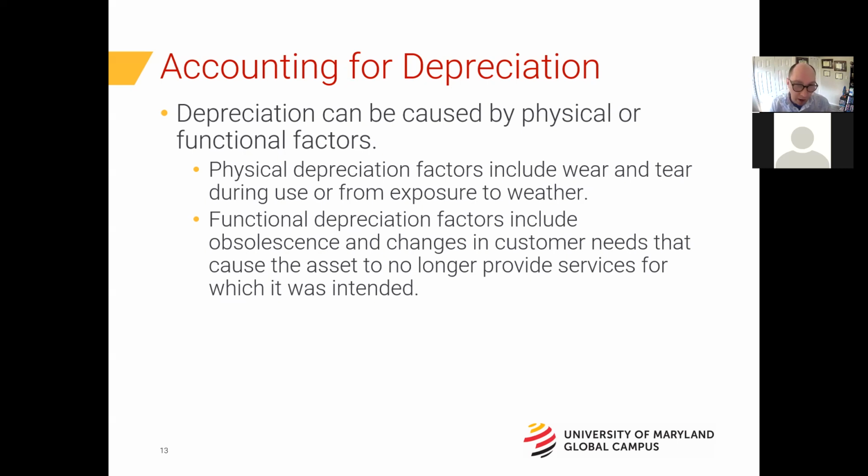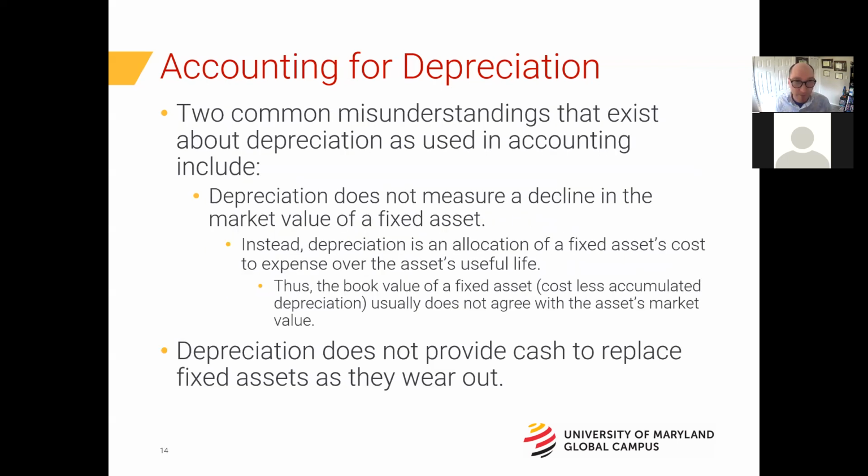Depreciation is caused by physical and functional factors that erode the fixed asset over time to make it less useful, which is how accountants decide on the factors of depreciation. Depreciation used in accounting identifies how the asset is declining over time.